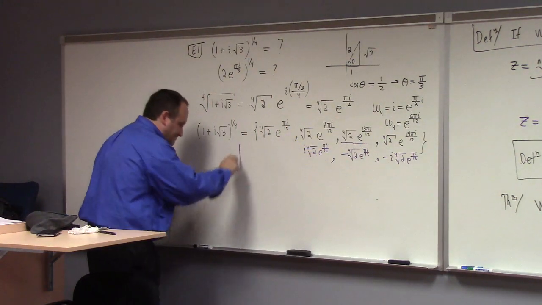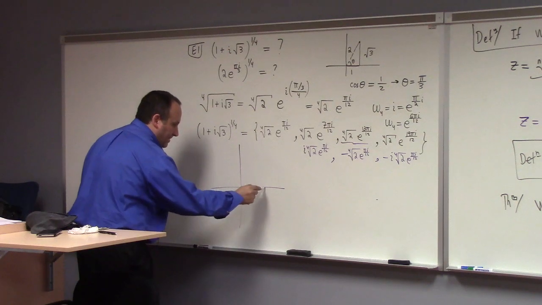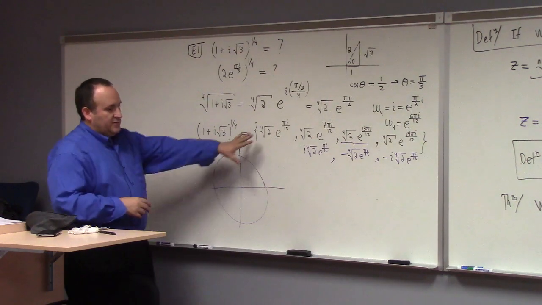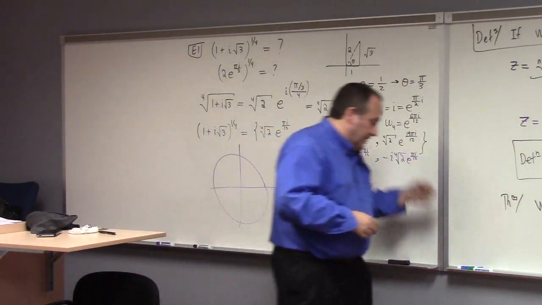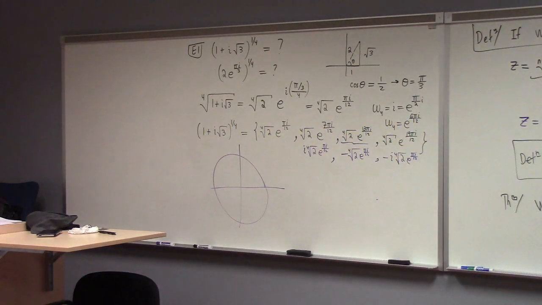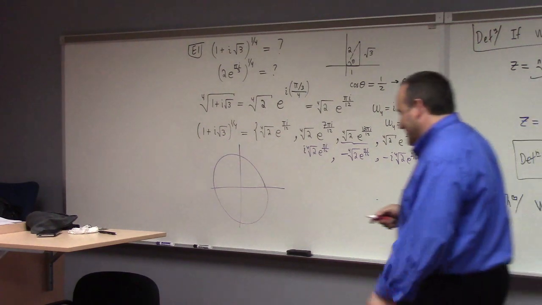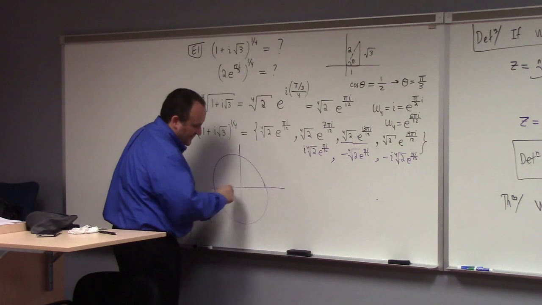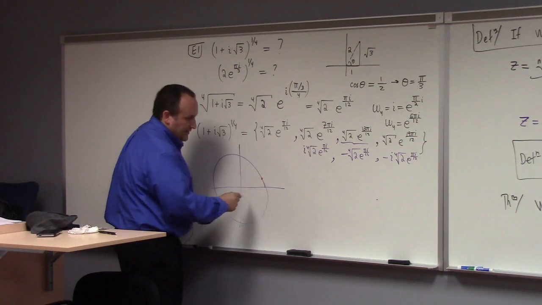Graphically, what's going on here is the first solution is where it's at pi over 12 radians, which is like, I don't know. Somebody want to tell me? 15 degrees? Oh, that's right, yeah, because 30 degrees, half. So it's about here, right?